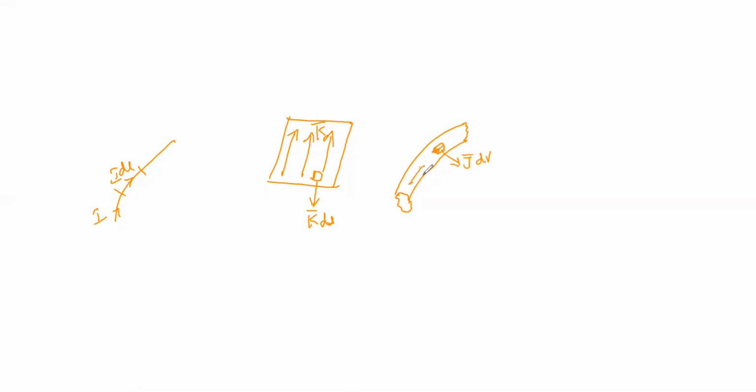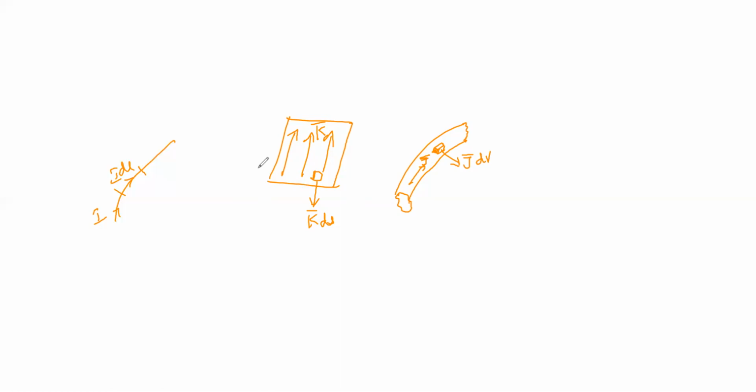The flow of current through the entire volume of this conductor is denoted with J bar. These are three different parameters observed for the different distributions of current: line current, surface current, and volume current.